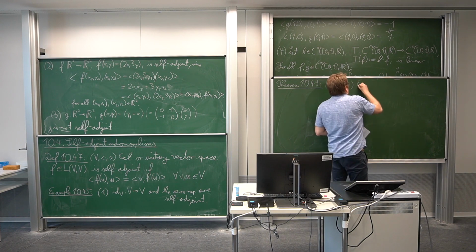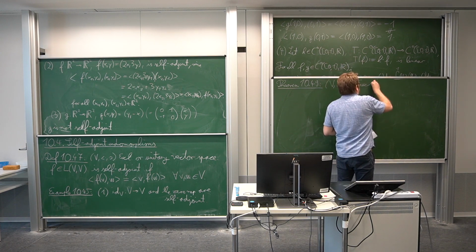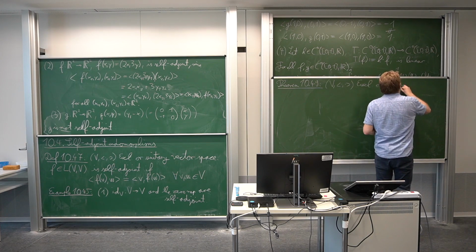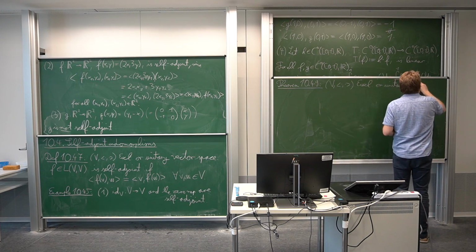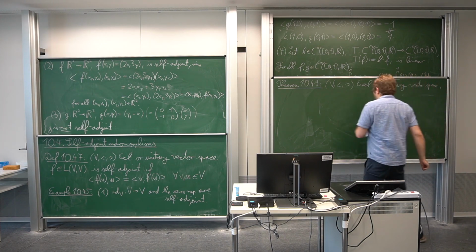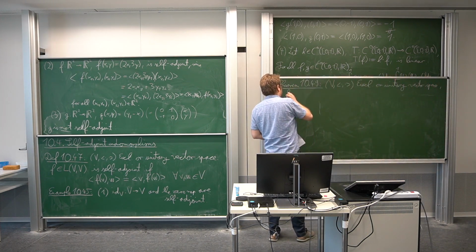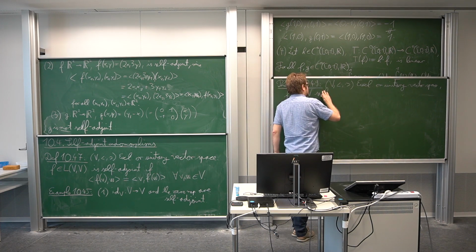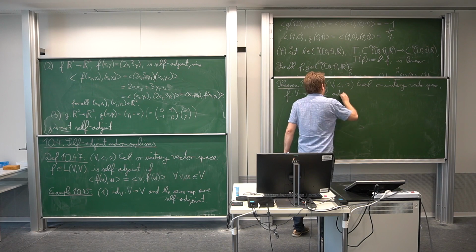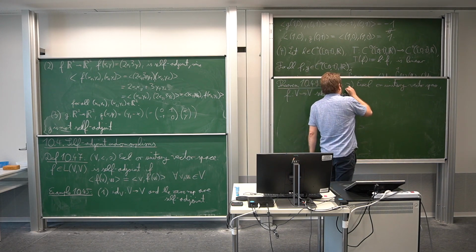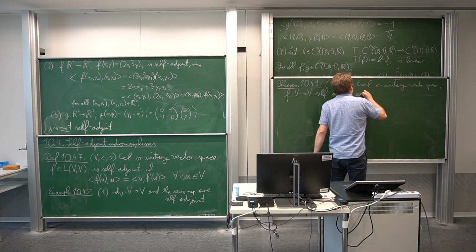Okay, so assume again we have a Euclidean or unitary vector space, so either real or complex. And assume we have a self-adjoint endomorphism.